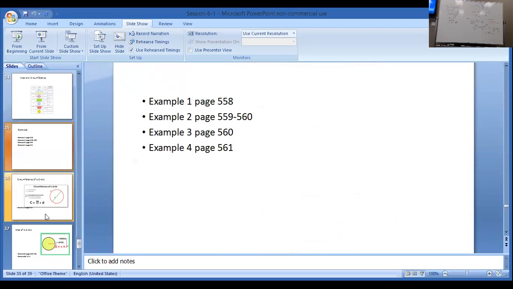Right. Let's do some of this here on page 558. Now we have done this before, I believe, but let's look at it again. Example 1 at the bottom of page 558. You decide to cover the pad.